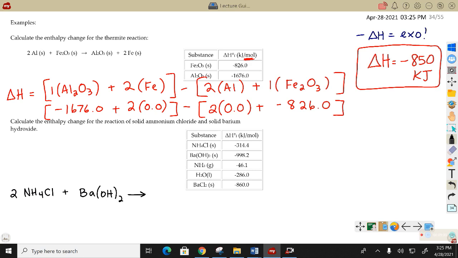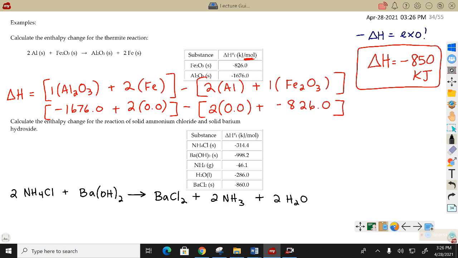When they react together, you'll get a solution of barium chloride. And then the other 2 products will be ammonia, which is that stinky gas, kind of smells like a cleaning product, and water.